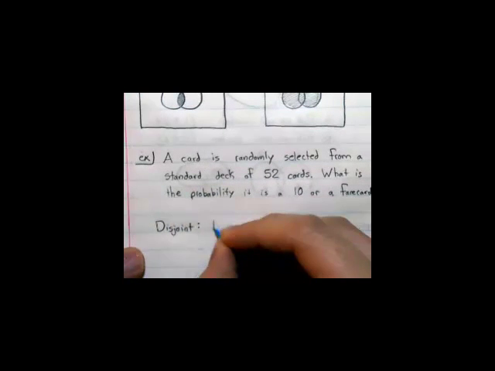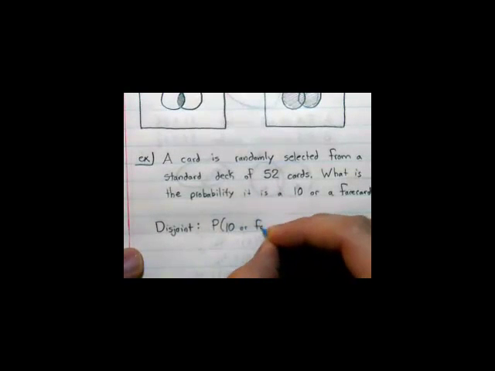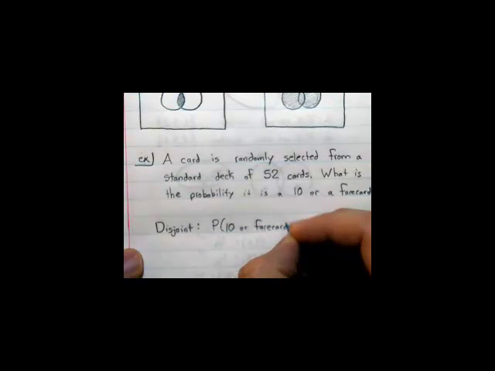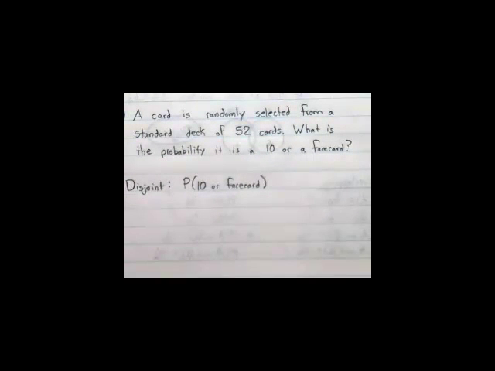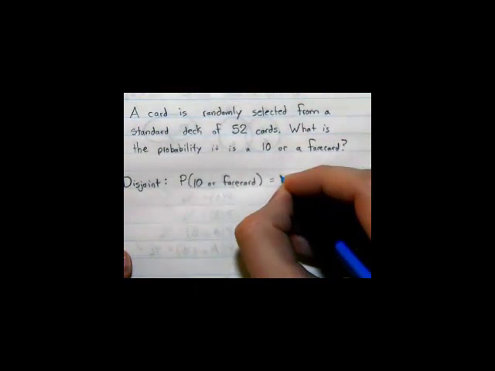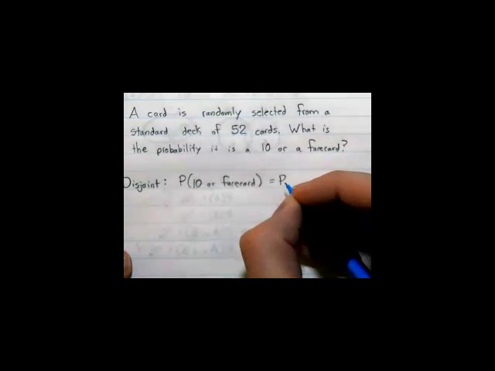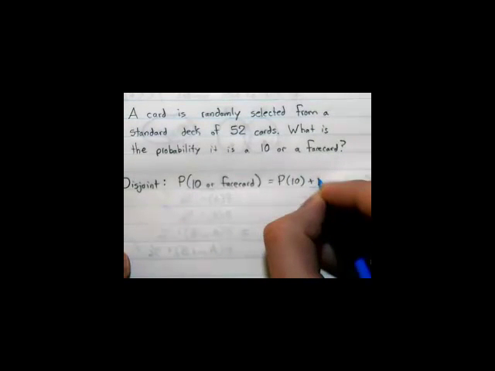So if I want to do the probability of a 10 or face card, how am I going to calculate that then? What do we use if it's disjoint? But it's disjoint, so there is no P(A and B), right? So it's just probability of a 10 plus probability of a face card.